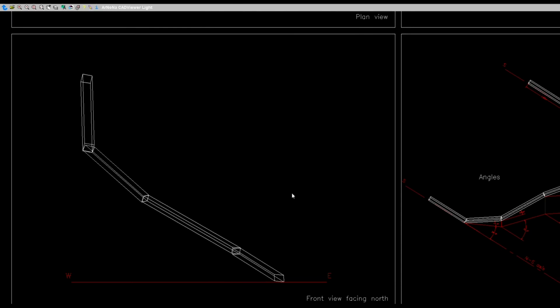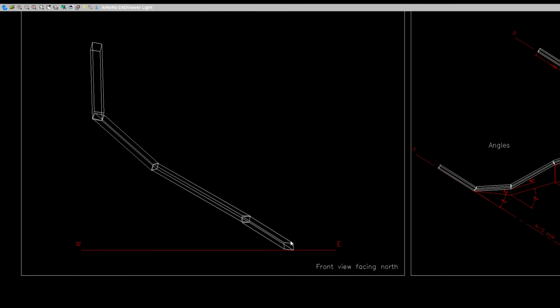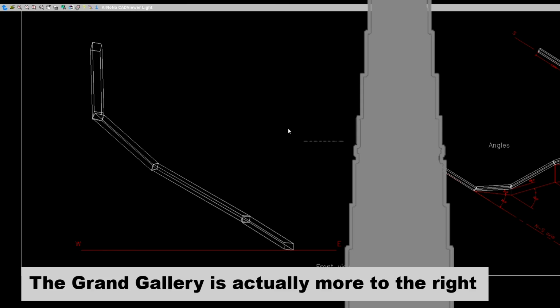So the question is, why wouldn't the hole be placed here? They knew they were building the Grand Gallery over here, so why didn't they just put the hole here, or the air shaft here, and go straight up?